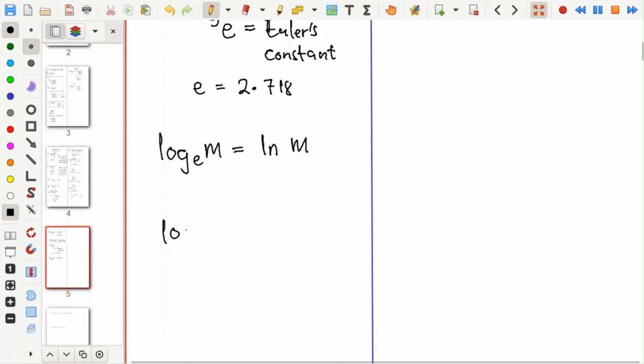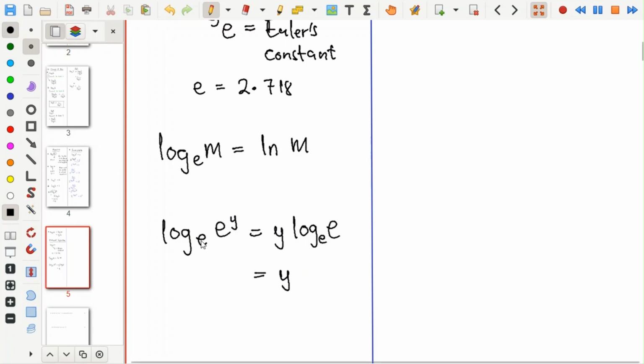But before I go, if you have something like this, this one could be written as log e to the base e, which is the same as y. Why is it so?